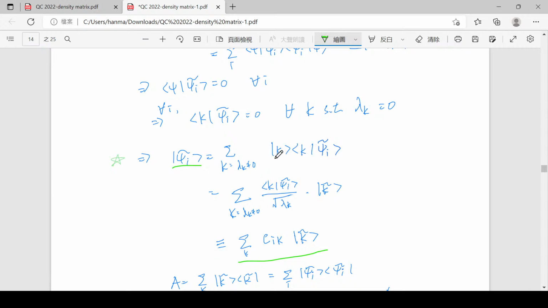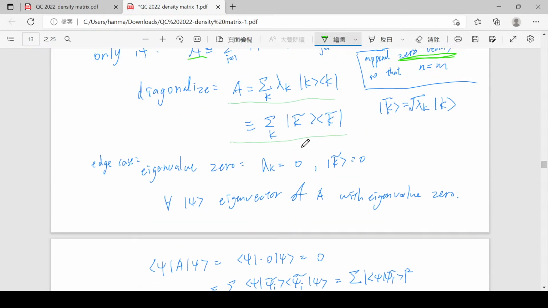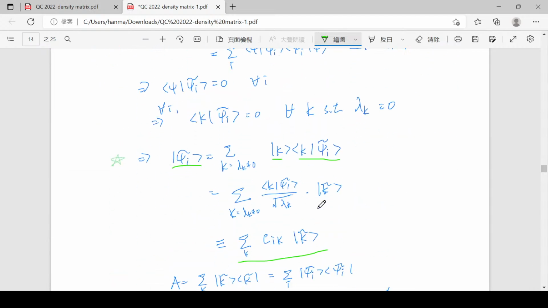So there's this k projection with psi tilde. So we leave it here, and we renormalize this k by dividing by the square root of lambda k, because we want to describe things in k tilde. And you can see here that we are dividing by the square root of lambda k. That's why we need to deal with lambda k being 0 carefully before.